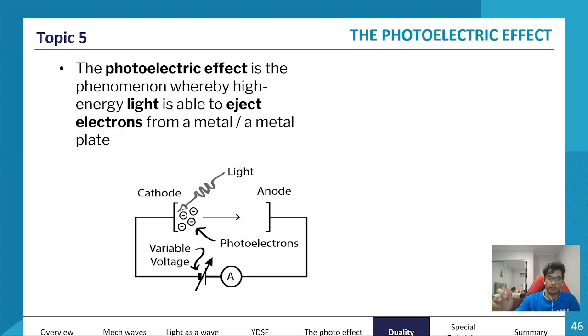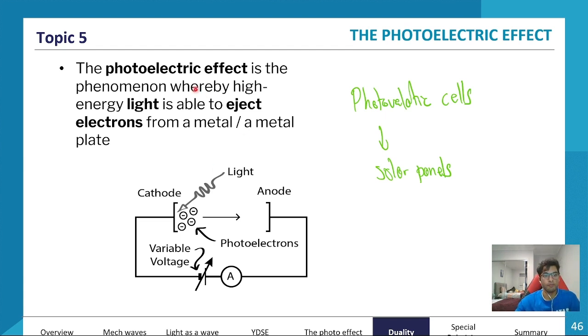If you remember from term 2, you did something called photovoltaic cells, which was a very fancy word for solar panels. The photoelectric effect basically tells us how solar panels, or photovoltaic cells, actually work.